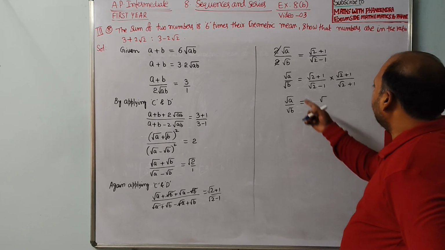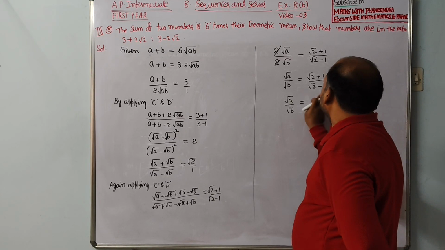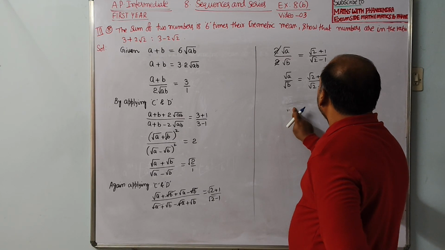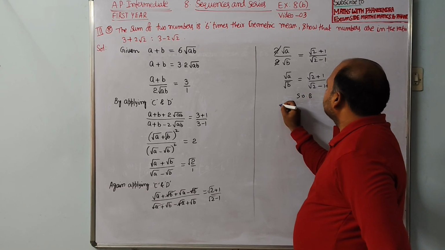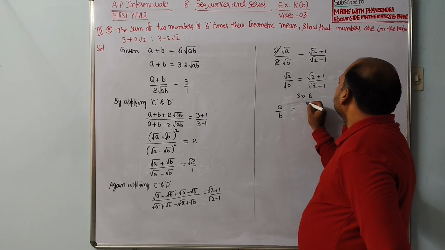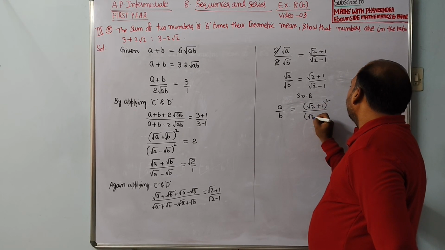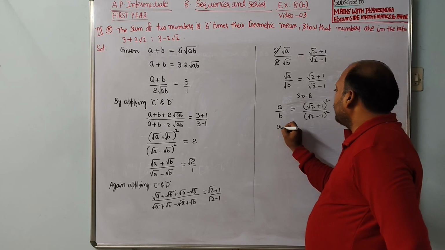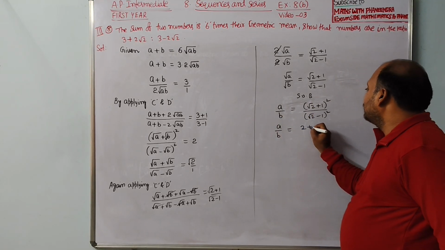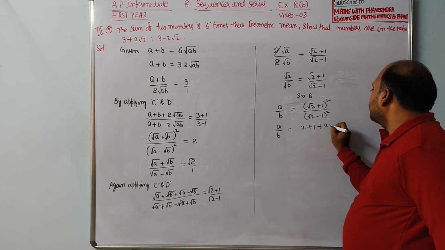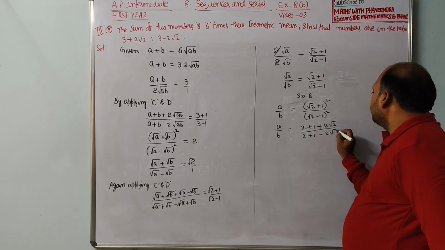No need of rationalizing here, just squaring on both sides. Why? Because they are asking to find the ratio of the two numbers. So squaring on both sides, simply you are getting a by b. So (root 2 plus 1) whole square by (root 2 minus 1) whole square. So a by b is equal to, using the expansion of (a plus b) whole square, 2 plus 1 plus 2 root 2 by 2 plus 1 minus 2 root 2.